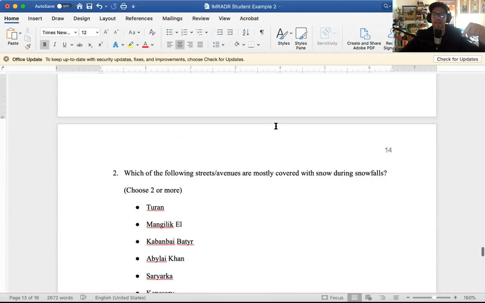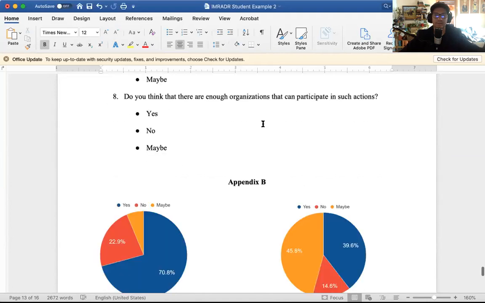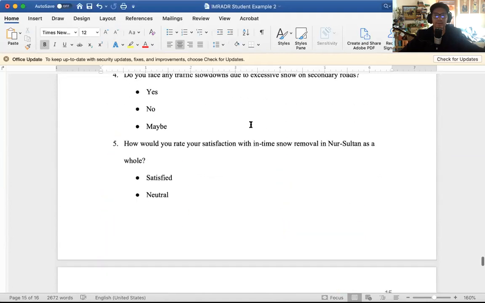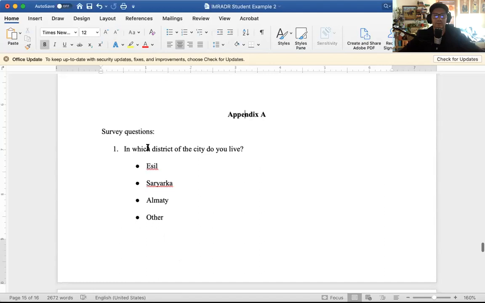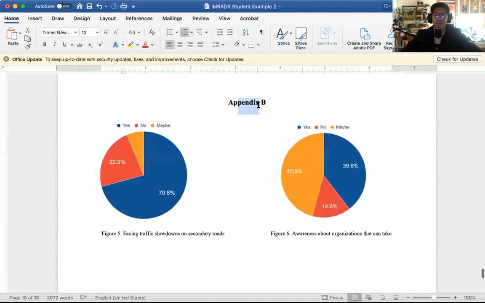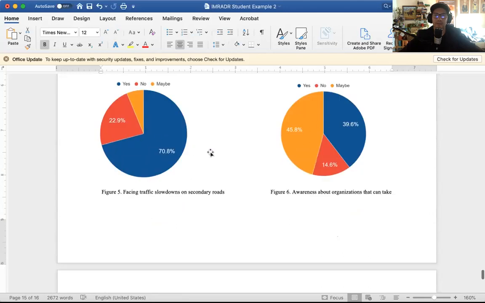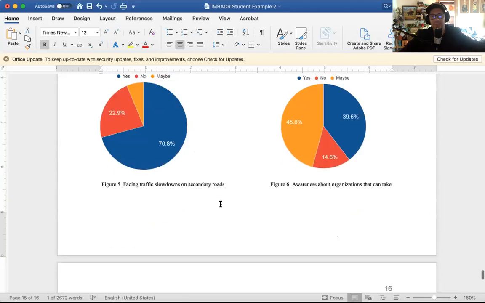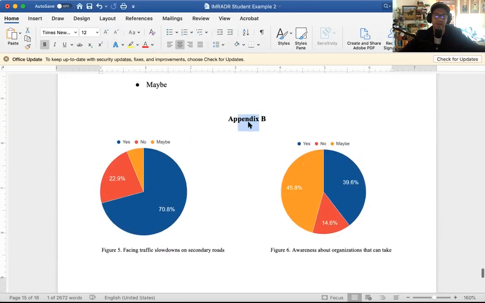This is Appendix A. That's how they're labeled in APA style. Appendix A, Appendix B. Here, Appendix A was the survey questions, okay? And then Appendix B was the results of the survey that he hadn't included in the results section already, because I do need to see all of your results.